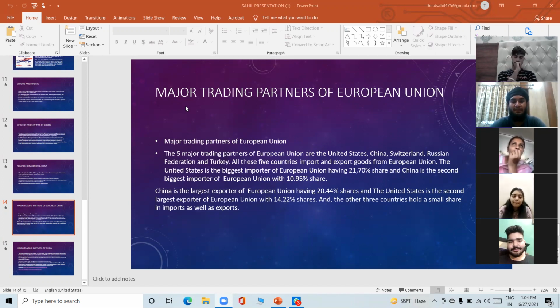The United States is the biggest importer of the European Union, having 21.70% shares, and China is the second biggest importer with 10.95% shares. China is the largest exporter of the European Union, having 20.44% shares, and the United States is the second largest exporter with 14.22% shares, and the other 3 countries hold a small share in imports as well as exports. Next slide, please.